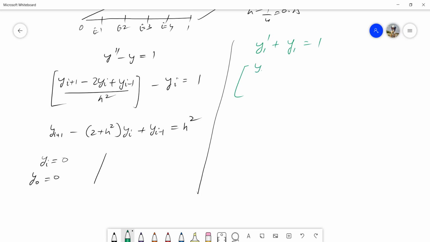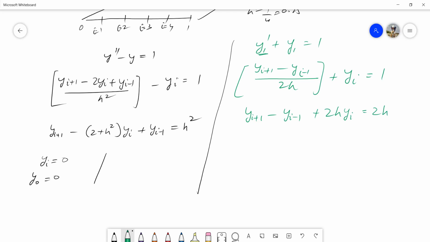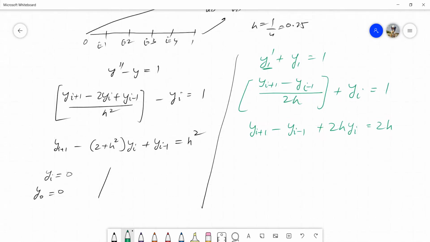Now y dash is (y_{i+1} minus y_{i-1}) over 2h plus y_i is equal to 1. So upon solving this we have, now for y dash 1, if you look at this partition, this condition, this is i equal to 0, i equal to 1, i equal to 2, i equal to 3, i equal to 4.